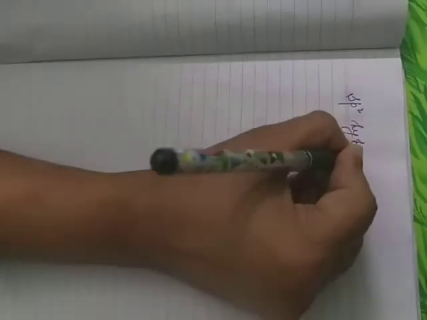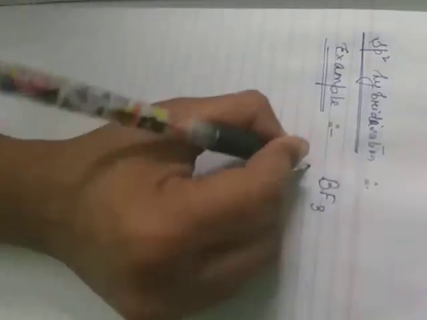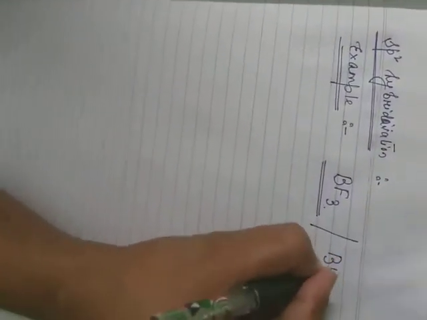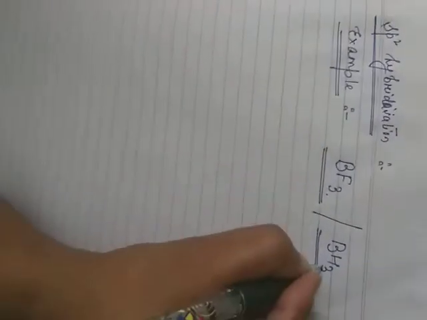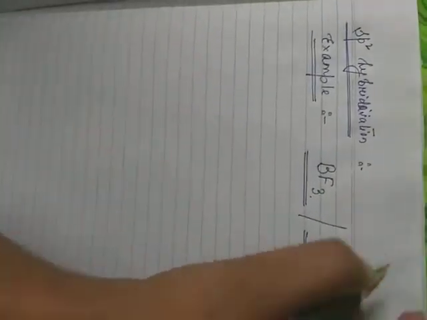Let's see another example, that is our sp2 hybridization. In sp2 hybridization, we will take the example of the BF3 molecule, boron trifluoride, or we can take BH3 or we can take AlCl3, and we have explained all these as electron deficient or electrophiles.